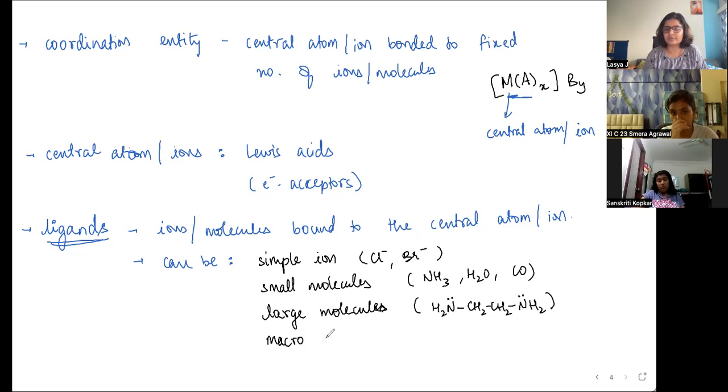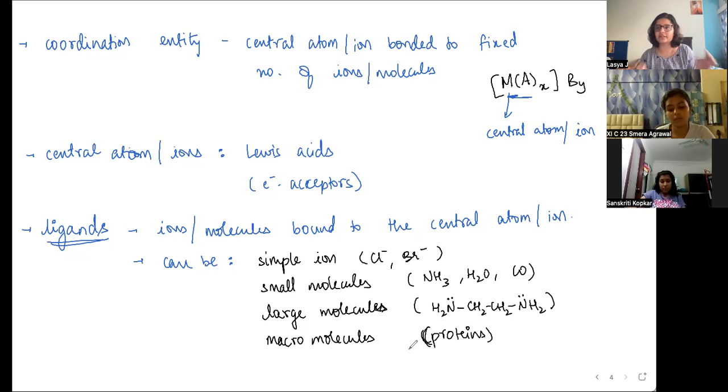They can be macromolecules. This is what we find in the case of organic structures, mainly proteins. This is what is happening in hemoglobin, chlorophyll, and vitamin B12. The whole thing surrounding it is a big protein, not one specific molecule. It can be anything as long as it has electrons to give, and has them in the right place.